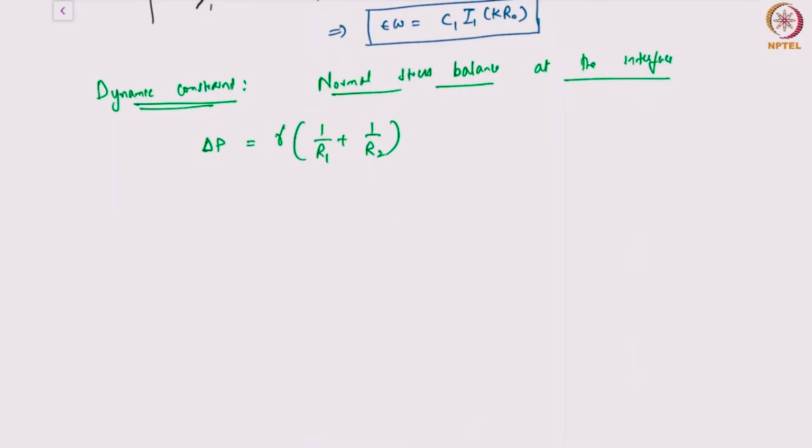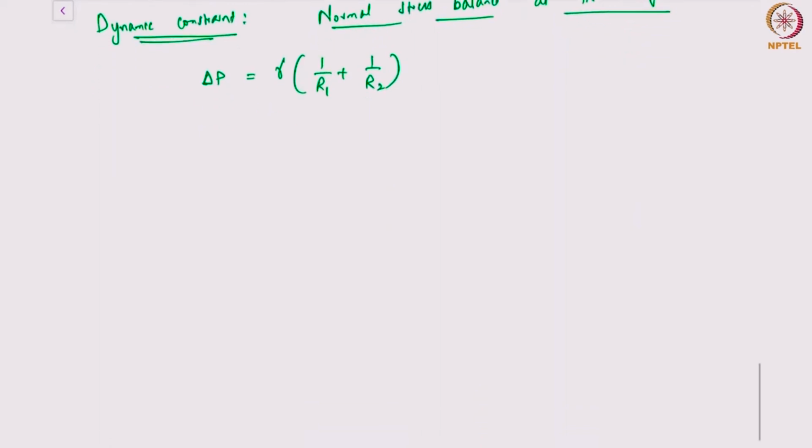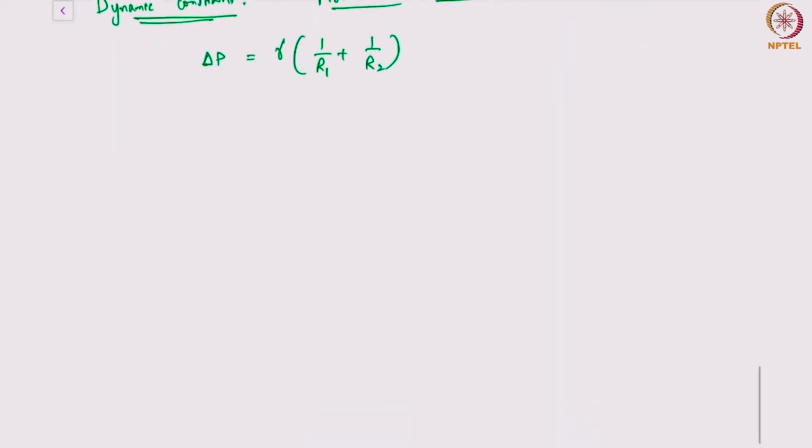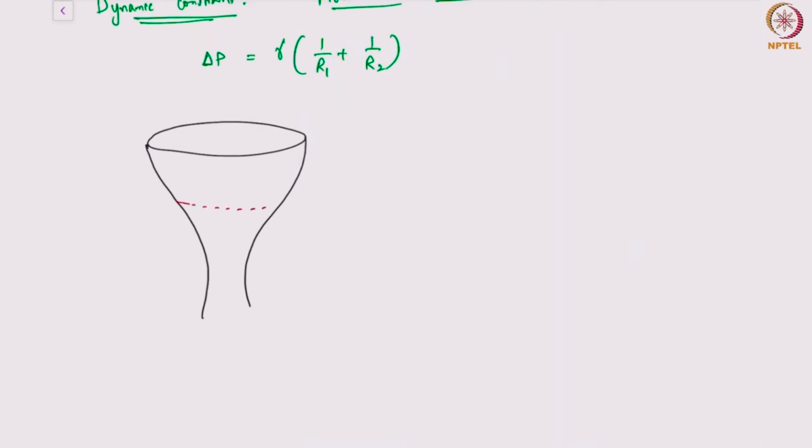Now, first we have to understand what R1 and R2 are. For this, I'll draw a slightly exaggerated interface. Let's consider an interface which is like an hourglass shape. This is part of the varicose mode. Now, at any given point on the interface, I can draw two radii.